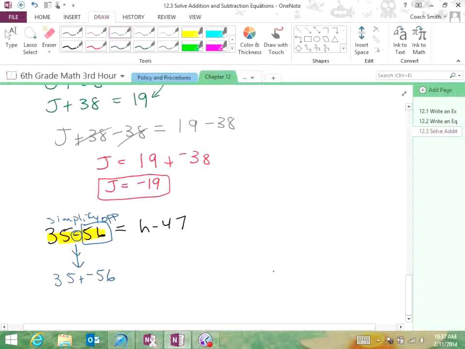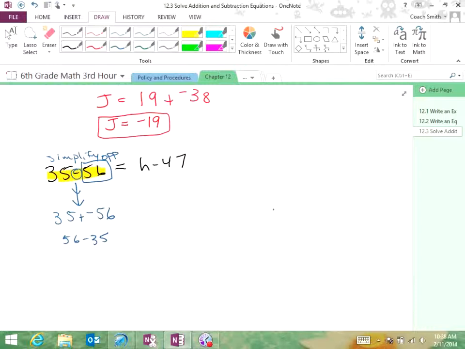So if you don't change it to a negative, you can't do that problem. Because there's no rule that says I can do 35 minus 56 because 56 is larger than 35. Basically what you're doing in your head is the process. You just told me you're going to take 56 minus 35, which is 21, and you're going to make it a negative.